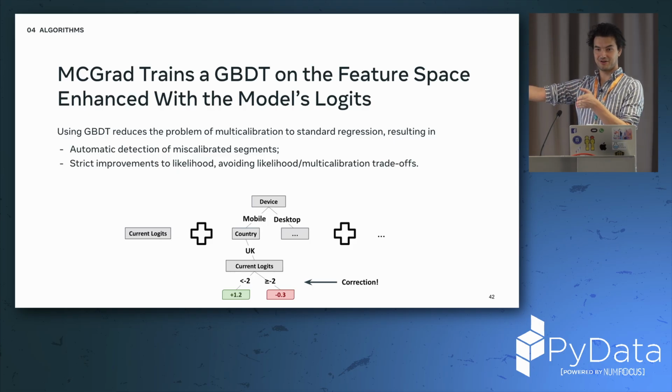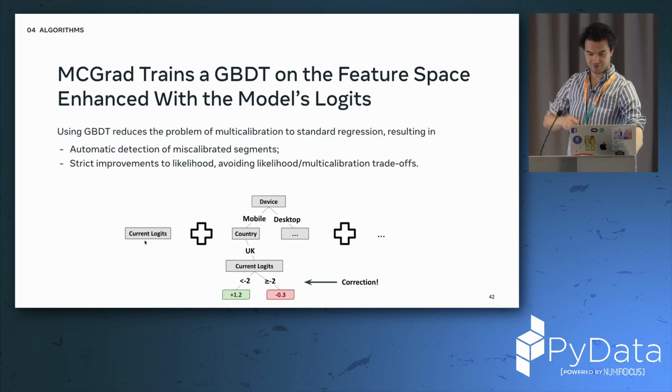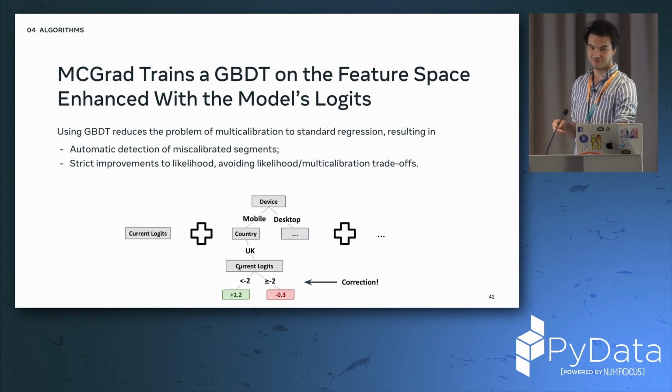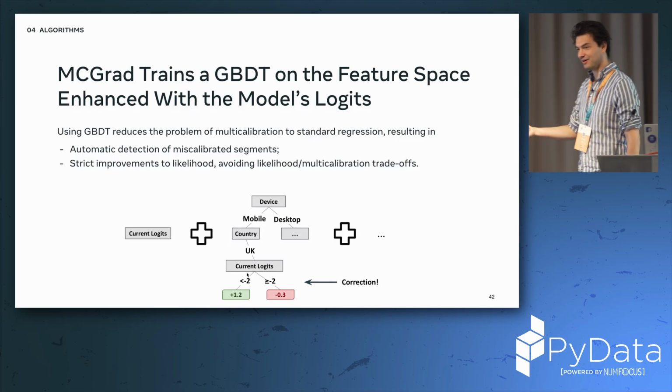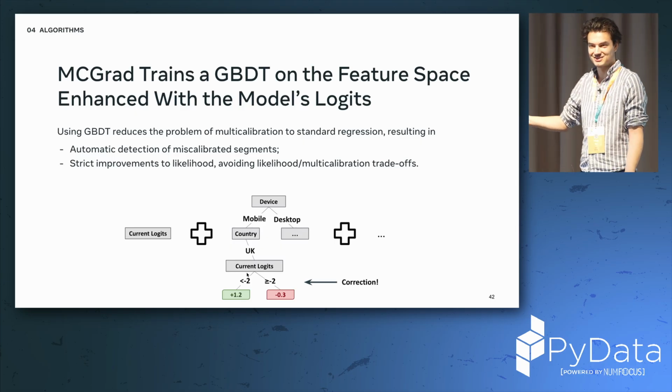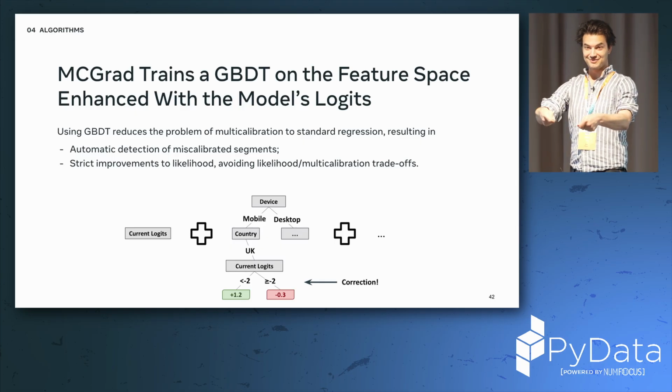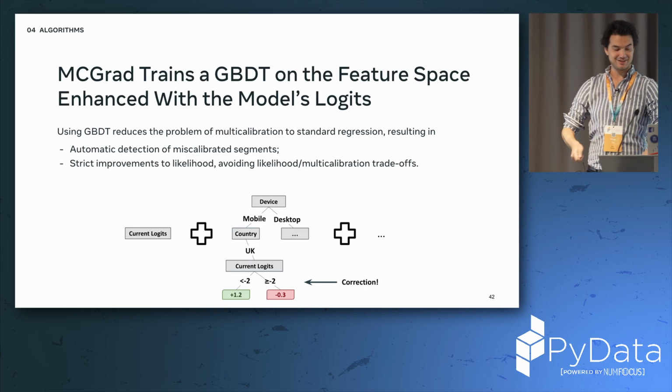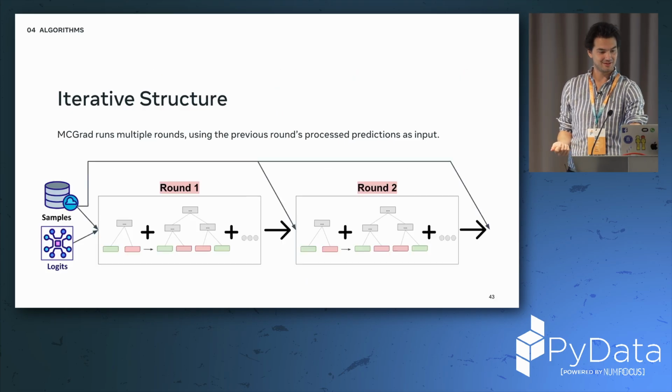Whenever you call LightGBM, you define the features once and that's it. Here we don't quite want that, because we want to be able to split on the prediction. It's a special feature in some sense, because after we made a correction, we've defined a new feature that has new values now, right?